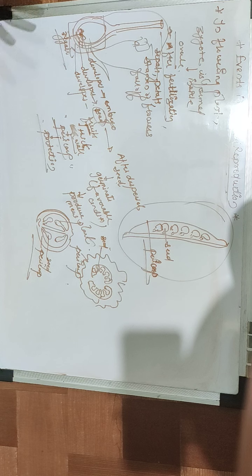That is a different type of fruit, and you can see the different positions they have. We have already studied in 11th standard the different positions of seeds and pericarps. You just go through it and then you will get it.